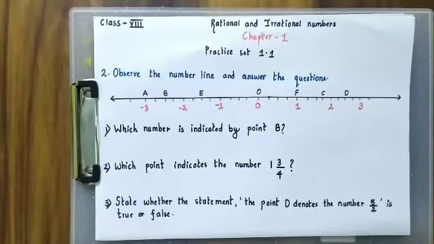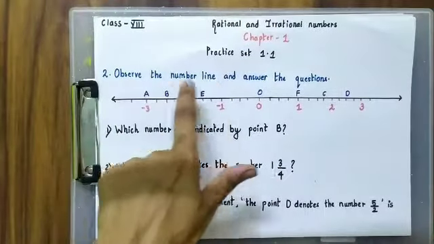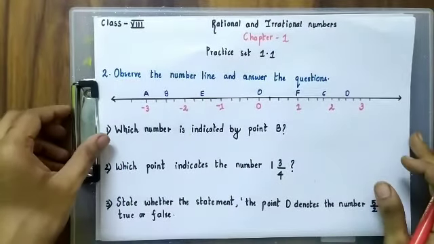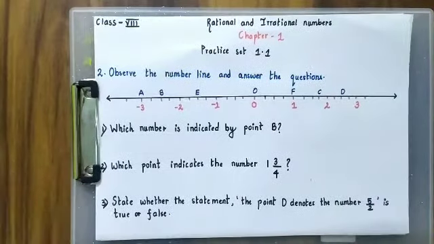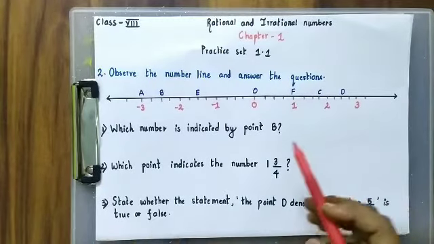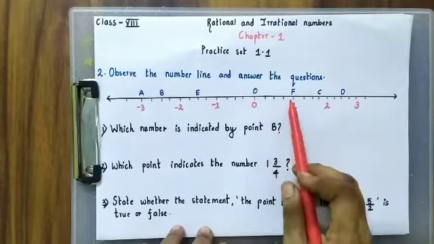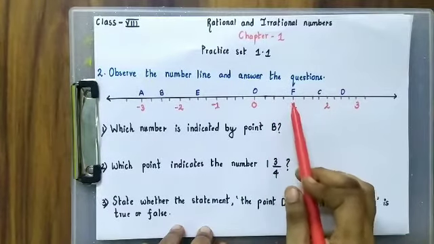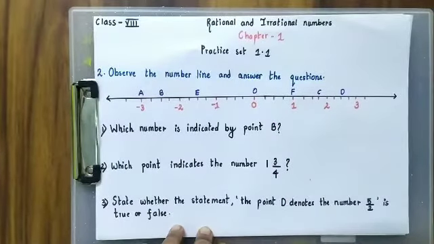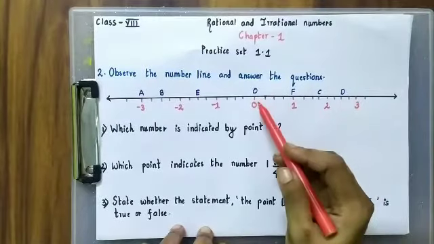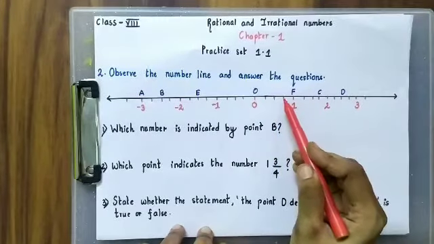Now question number 2 is, observe the number line and answer the questions. The number line is given to you and you have to answer a few questions based on it. Looking at the number line, we'll see that each unit from 0 to 1 or 1 to 2 is divided into 4 equal parts. 1, 2, 3, 4.